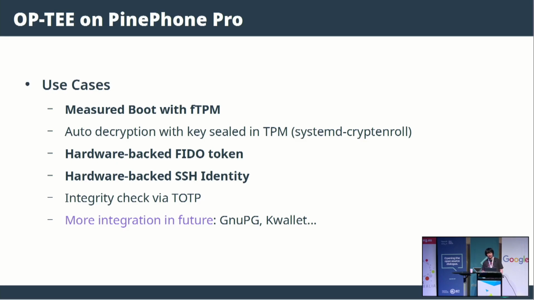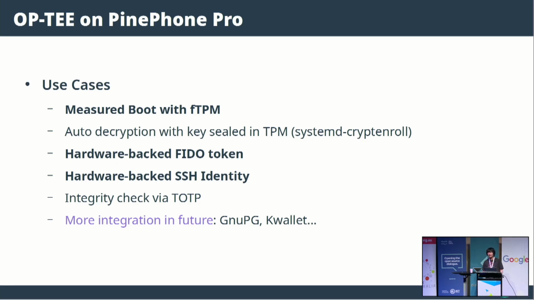We can also use OP-TEE, or rather fTPM, to have an SSH identity, which is non-exportable. And then we can also do an integrity check via a time-based one-time password. For example, you can seal a seed into OP-TEE, and then when your system boots up, it will give you a one-time passcode.